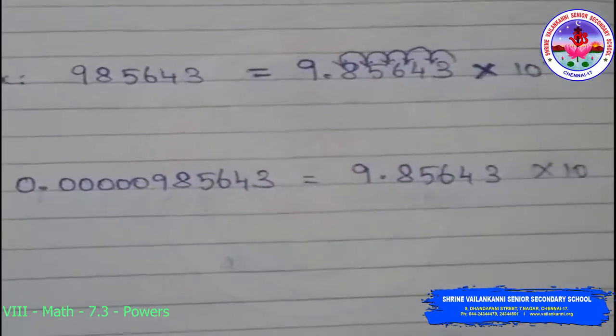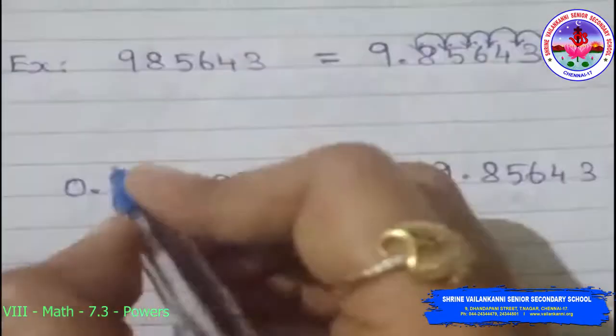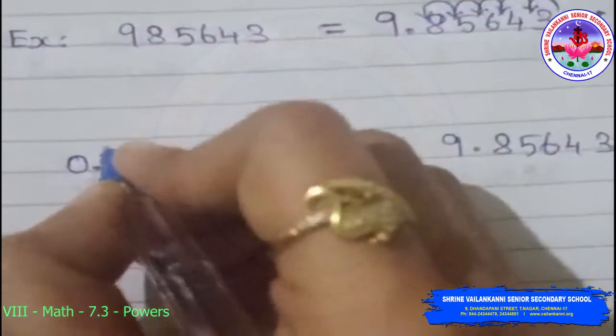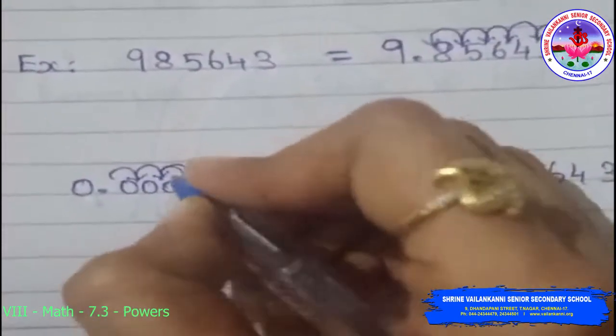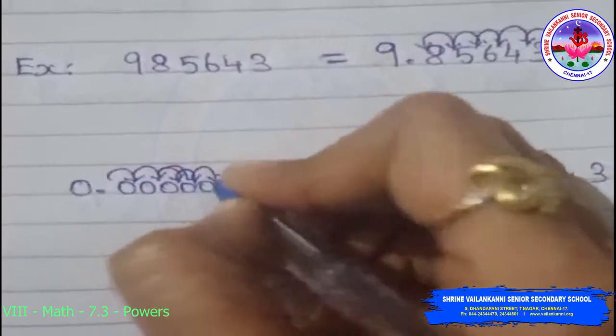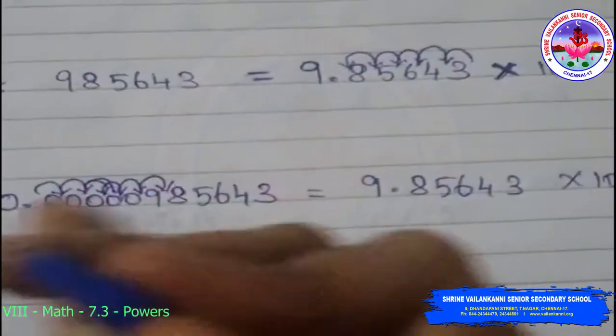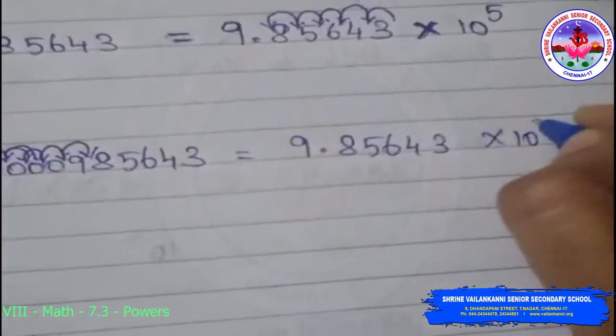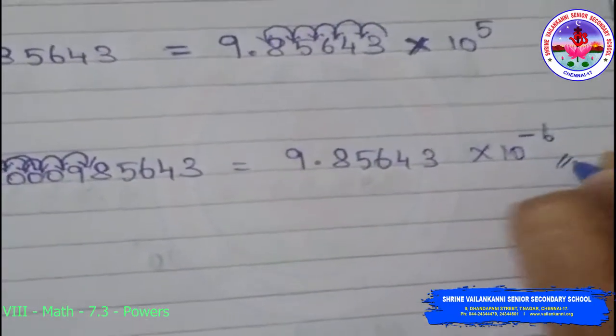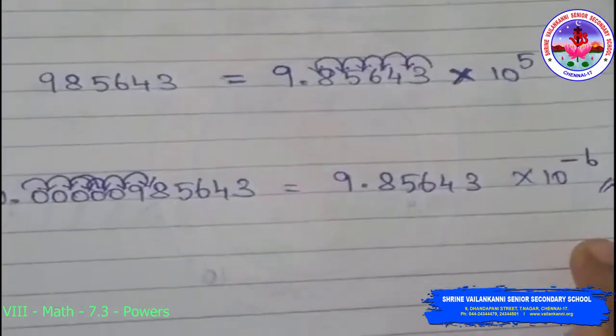Now you can find the power value. So here moving left to right, 1, 2, 3, 4, 5 and 6. Here the power value is 6. So left to right means negative value. So negative 6. This is the scientific notation of this number.